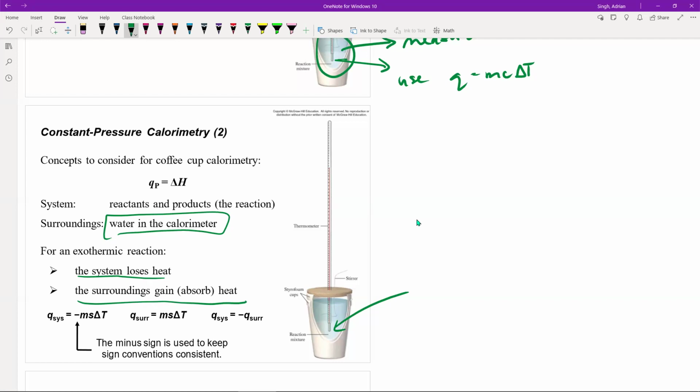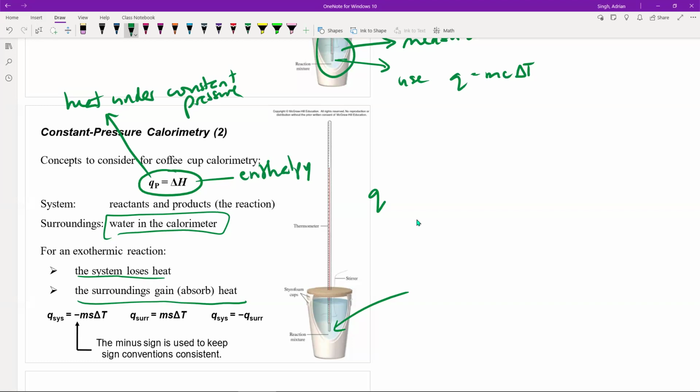We can make the equality such that q, the heat for the system. And again, remember, the heat at constant pressure is the same as enthalpy. Okay, so q_P there, this is heat at constant pressure. That is the same as the change in enthalpy.